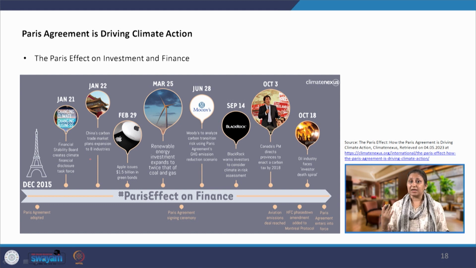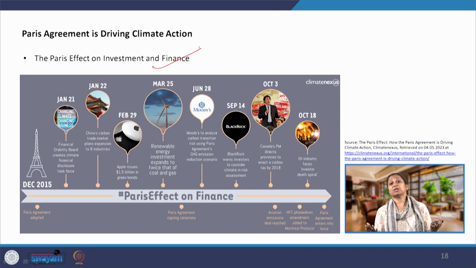There are carbon taxes being levied. The oil industry, a polluting industry as far as greenhouse gas emissions are concerned, is facing an investor debt spiral. Not enough investment is being received by the oil industry, while on the contrary renewable energy investment expands to twice that of coal and gas. So, this is on investment and finance.